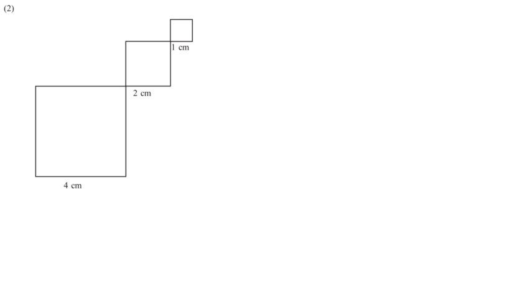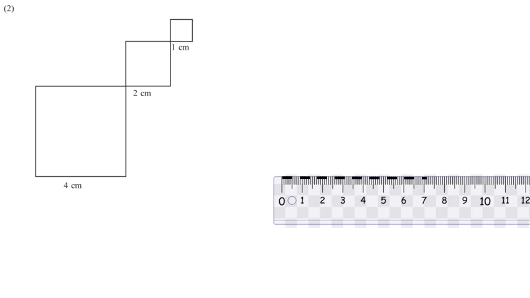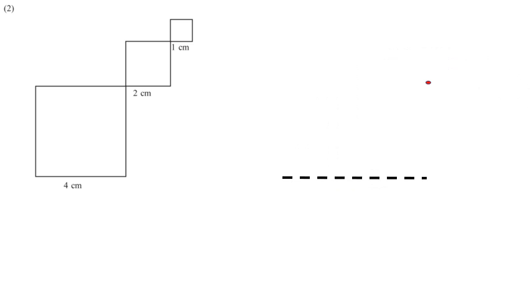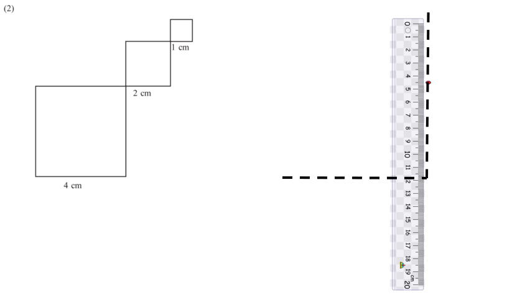Question number 2. Let us see another pattern. First, let us find the total length of 3 squares. That is 4 plus 2 plus 1. We get 7 centimeters. Then draw a square of side 7 centimeters. For that, draw a line 7 centimeters in length. Then use a protractor and mark a 90-degree angle. Then draw a perpendicular line.